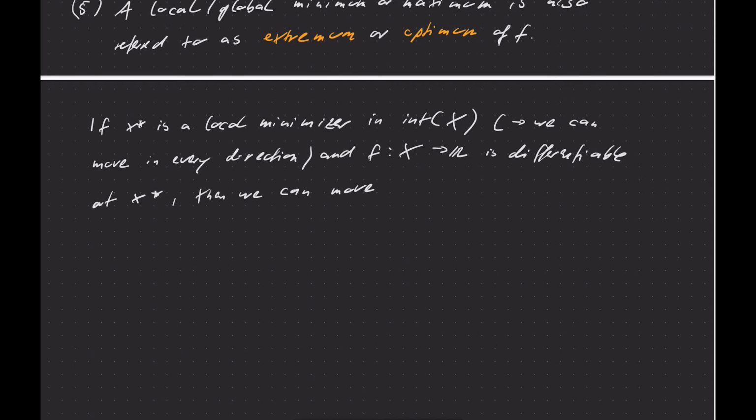So we can move from x star to a new point, and the new point x will be defined as x star minus some epsilon times the gradient of f at x star for a sufficiently small epsilon.